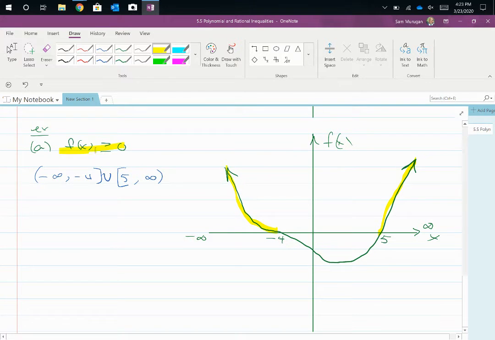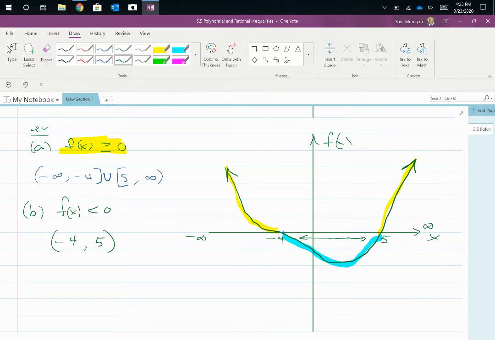Okay, again, this is for the portion greater than. Now let's consider less than, which is this piece of the graph, in other words, from -4 to 5. We don't have to worry about brackets or parentheses here because there's no equal sign on the inequality.